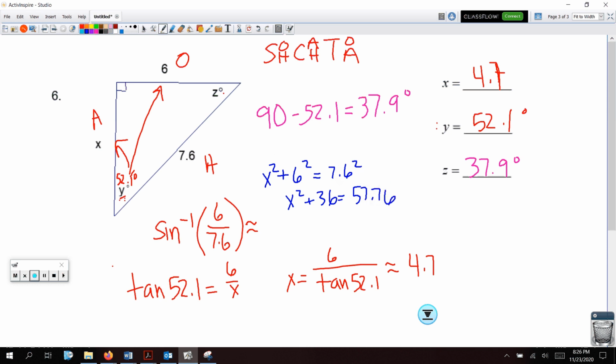So I'm going to subtract 36 from both sides and get x squared is equal to 21.76. Take the square root of that, and I get 4.7. Whoa, that's bananas. About, I'm rounding. 4.7, so I still get the same thing.